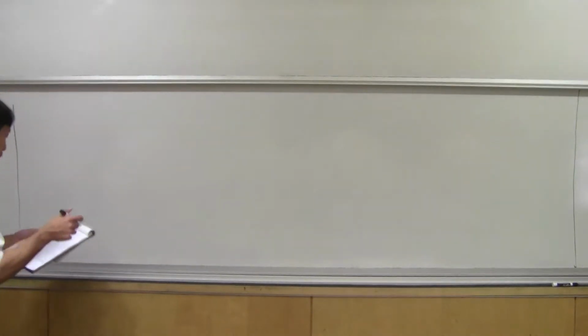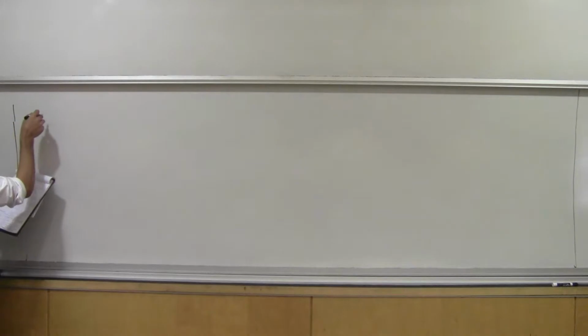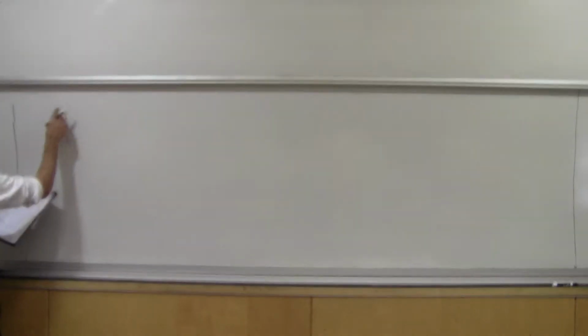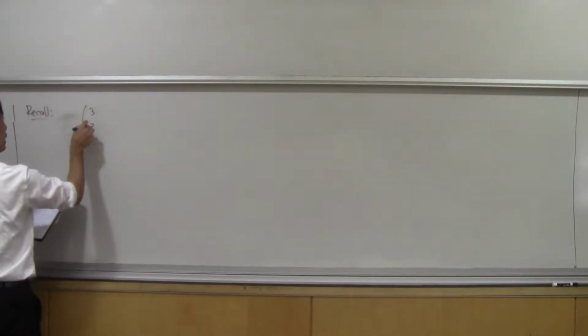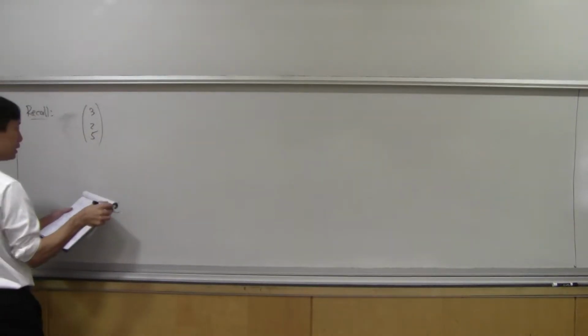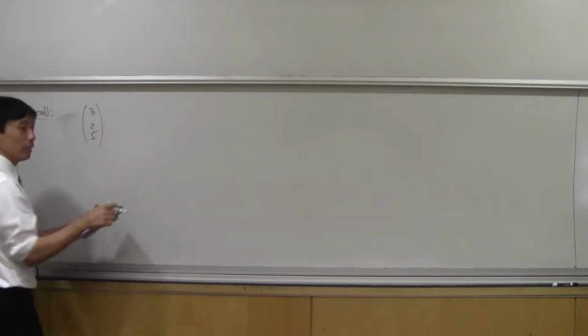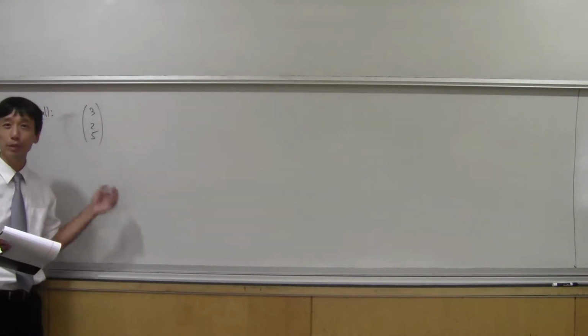We did an example of it. Recall this example: we started off with (3, 2, 5), and we wanted to express it in terms of these three other vectors, u1, u2, and u3.